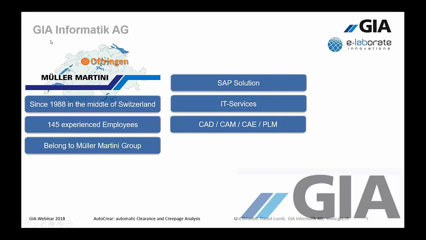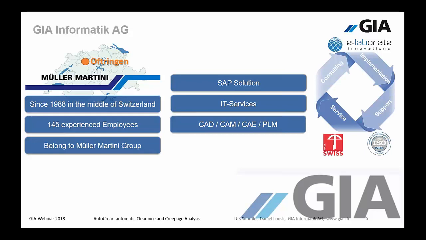We can offer three services. One service is in the SAP environment. We have our own IT services, and the third one is about CAD and PLM solutions. I'm working in the CAD and PLM solutions. GIA Informatik is also ISO certified. You can see that here.